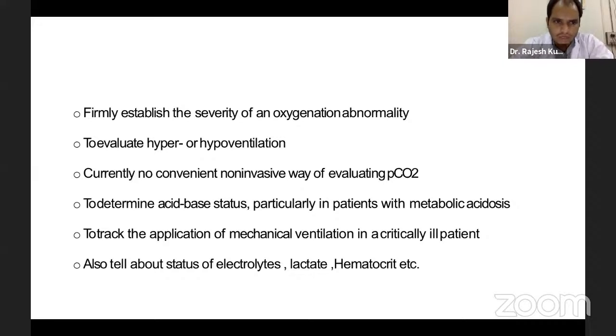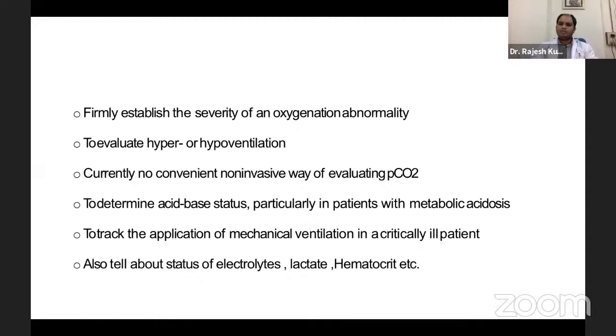Now firmly establish the severity of oxygen abnormality. So how will you establish this? By seeing the PF ratio, your PO2 over FiO2 ratio. If your ABG has a PO2 of 90 and you are giving 21% FiO2, so 90 upon 0.21, it should be more than 300 to 500.